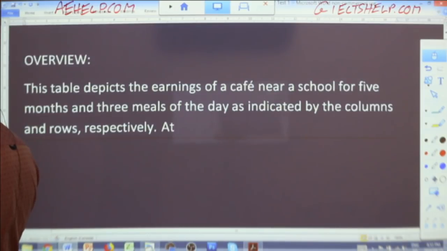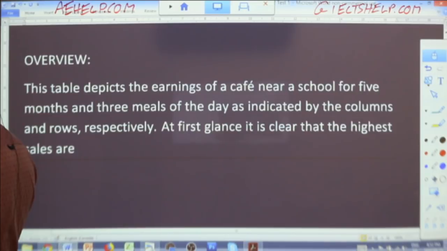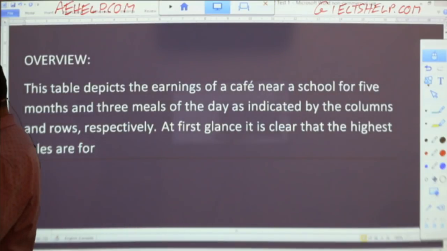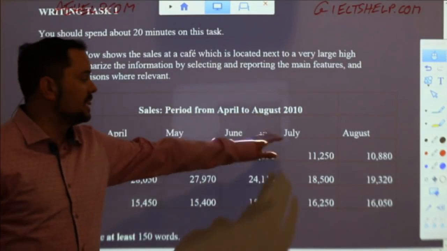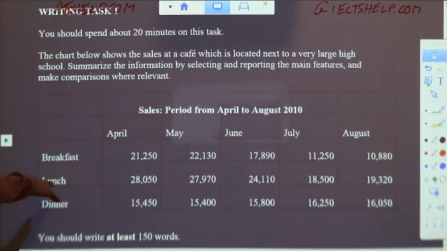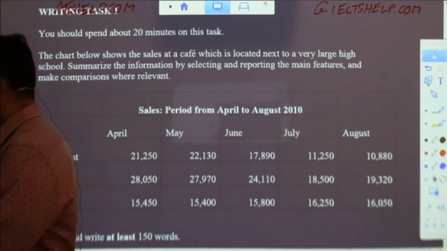At first glance, it is clear that the highest sales are for, and here we're going to have to go past tense because it's August 2010, so we'll change that in a second, are for lunch at roughly 28,000, right?